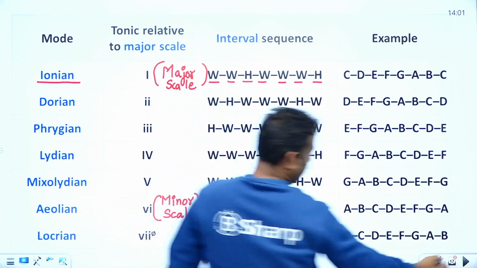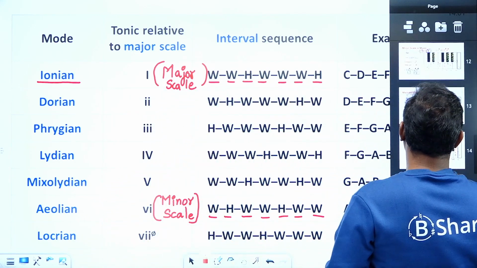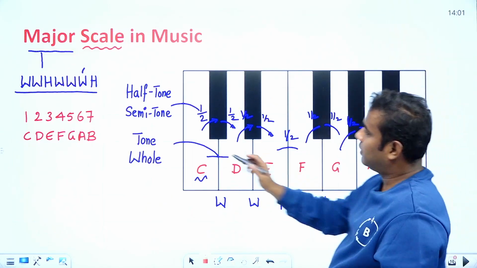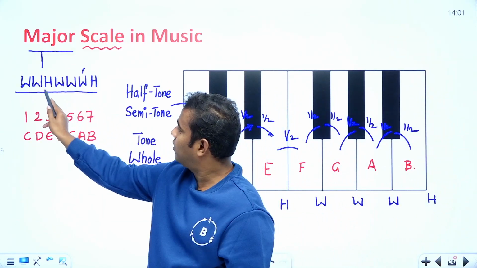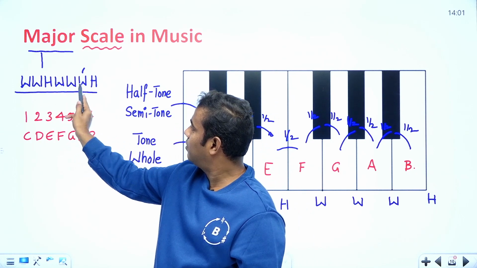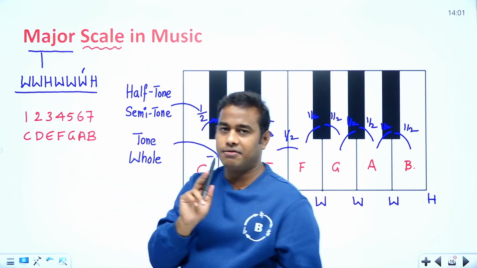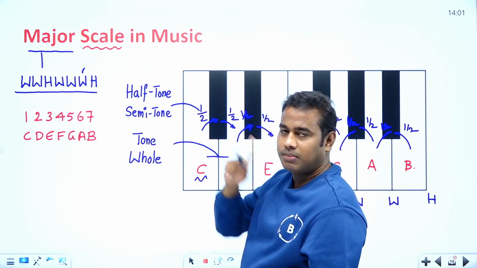Let me show you the previous class notes. In the previous class, when we were talking about this, we had whole, half, whole, half. So two whole notes plus one half note, three whole notes plus one half note.